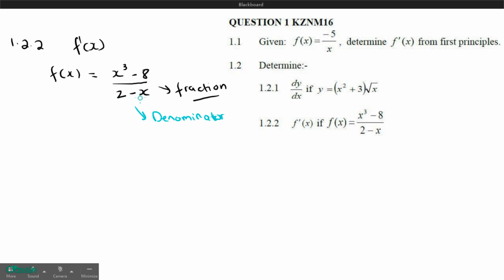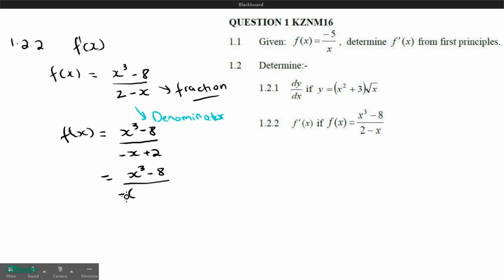And then if we can write this in a correct way, it means that we are going to have f of x given as x cubed minus 8 all divided by negative x plus 2. And we know that once we have a negative x, we must write this in a standard form. Therefore, x cubed minus 8, in order for this negative to be at the center, it means that we must take out negative as a common factor.